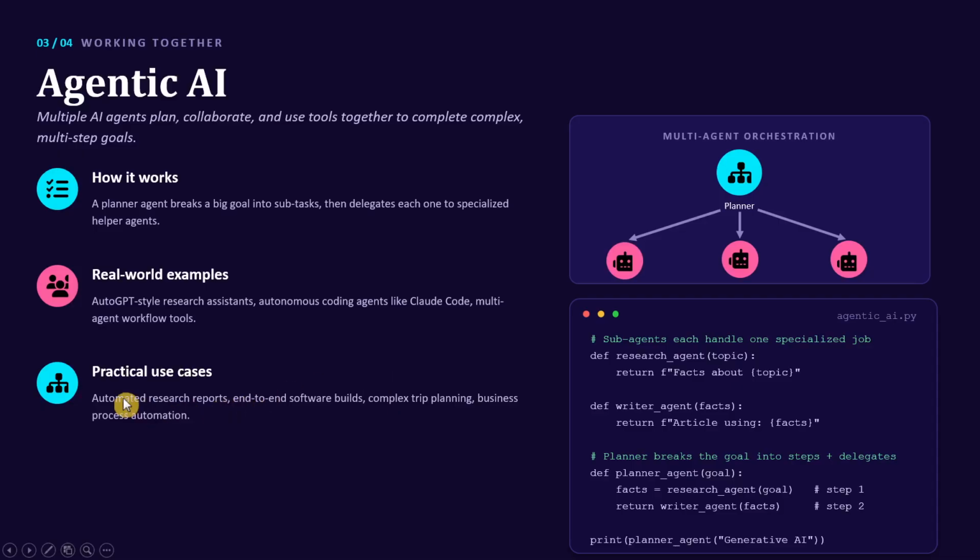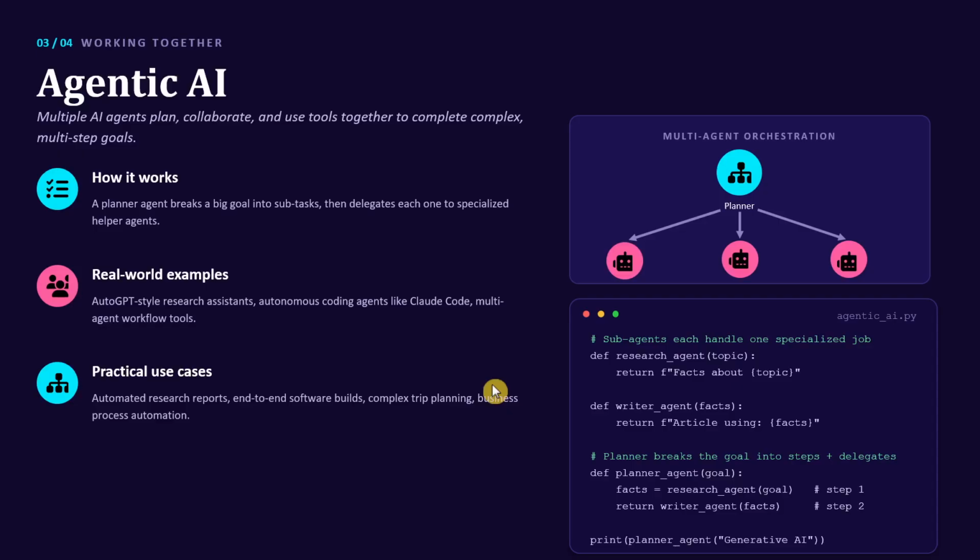Automated research reports, end-to-end software builds. You would have heard about AI orchestration. That is an example of agentic AI. Take Claude itself. When you use Claude, you search for something and ask Claude to give some code, or maybe plan something.